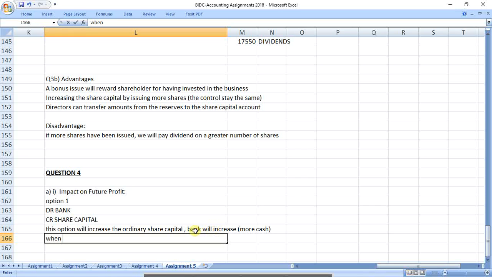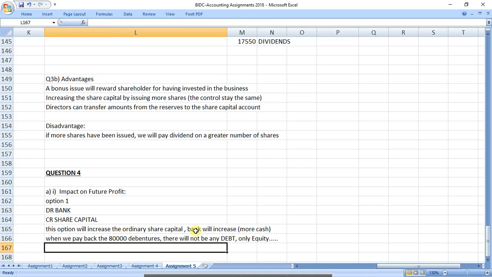So when we pay back the 80,000 debentures, there will not be any debt, only equity.